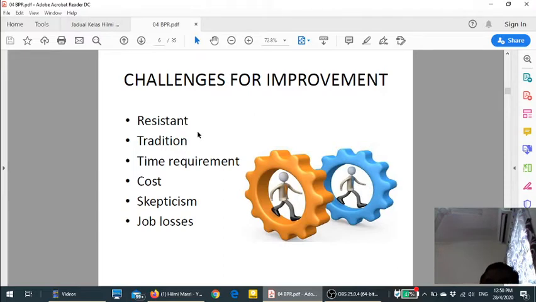Okay. Number 3, the time requirement. Number 4, the cost. I think one of the most important aspects for improvement is, of course, the cost. We know about the rising cost of spare parts and materials.